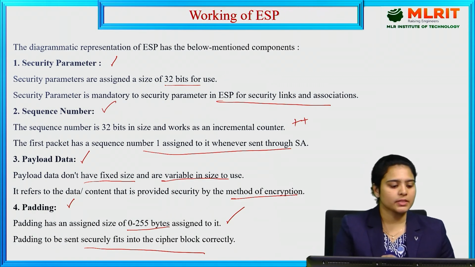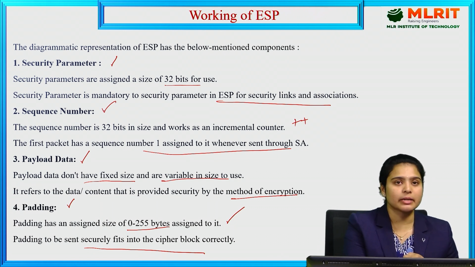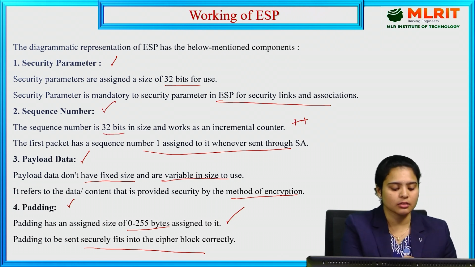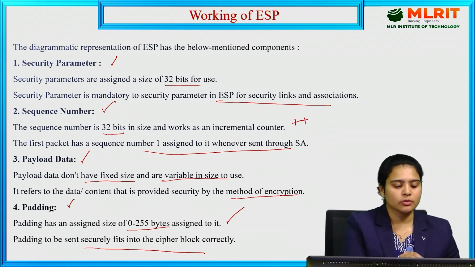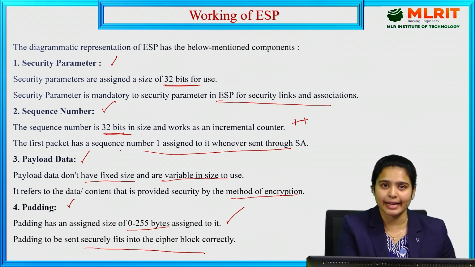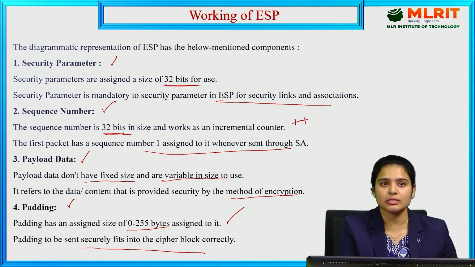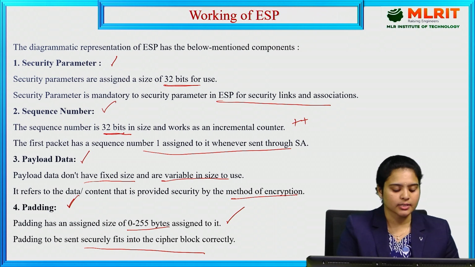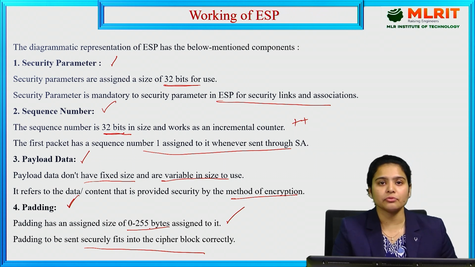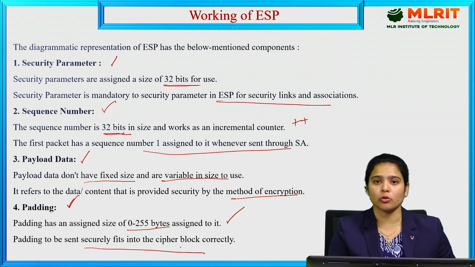We need to remember the main points: security parameter is 32 bits. Sequence number is also 32 bits in size, and the sequence should always start at 1. The payload does not have a fixed size, and the padding should consist of 0 to 255 bytes and fit into the cipher block.